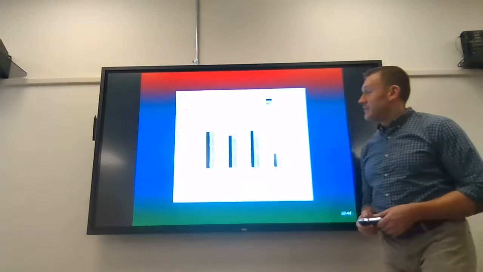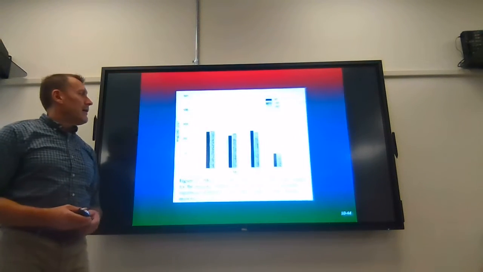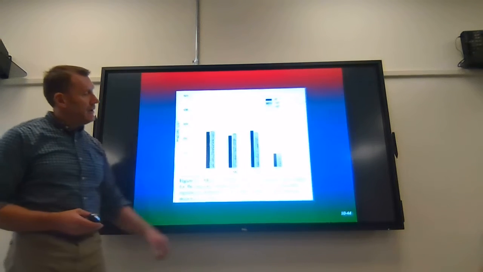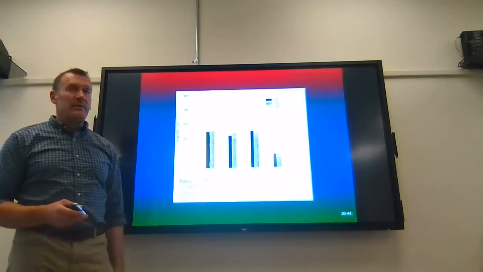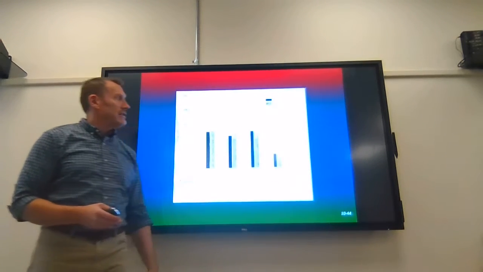So here's your summary of results from that study. Let's take a look at the soleus to start off with, then medial gastrocnemius, lateral gastrocnemius, tibialis anterior.